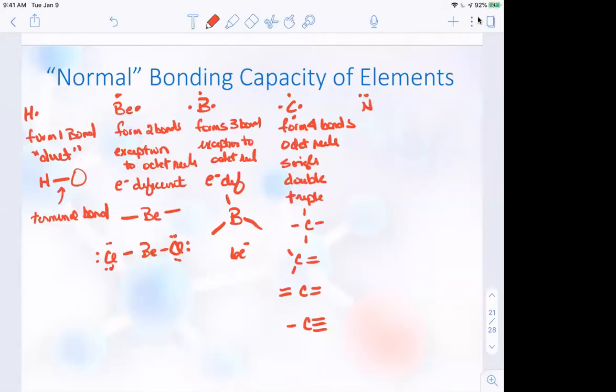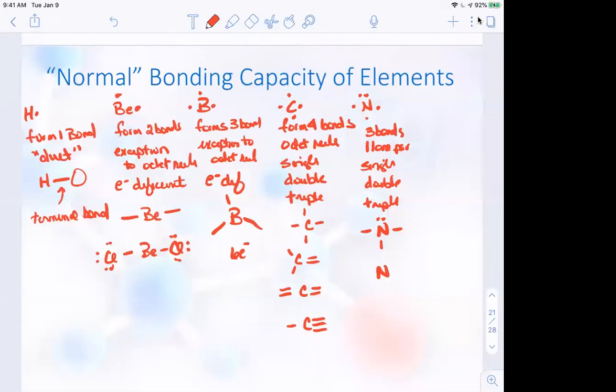Nitrogen has 5 valence electrons. It'll form 3 bonds, and it has 1 lone pair, right? This can also form single, double, and triple bonds. So my nitrogen has a lone pair with 3 bonds.